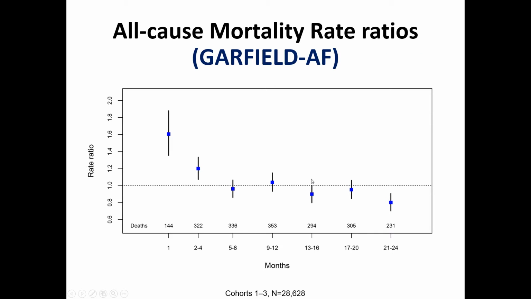Now, I've shown you some plots of mortality over time, but here I'm trying specifically to look at early versus later mortality. And you can see the rate ratio, which is essentially the deaths, in this case, in the first months of follow-up, compared with the average long-term death rate.